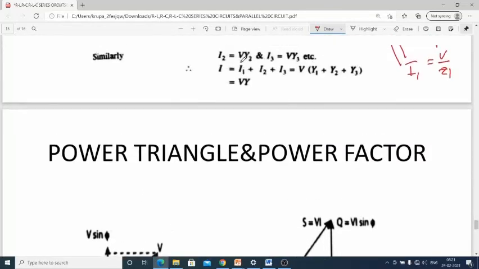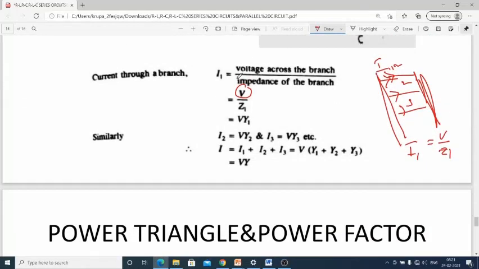This is derived like this. In a similar manner, I2 and I3 are written. So the total current is equal to the sum of the three currents, I1 plus I2 plus I3, which is V into (Y1 plus Y2 plus Y3). So I is equal to V into Y.